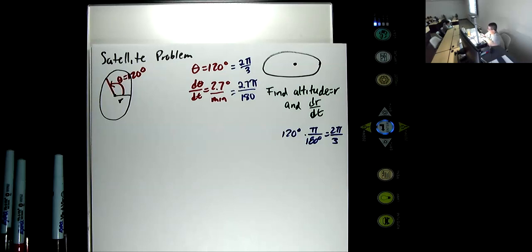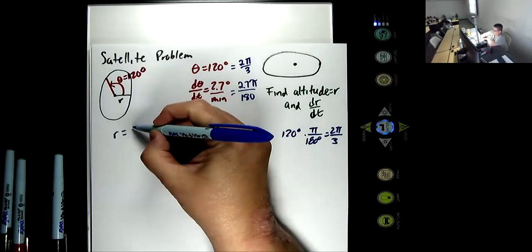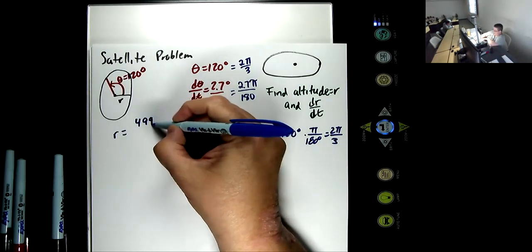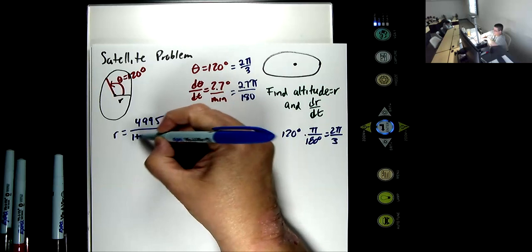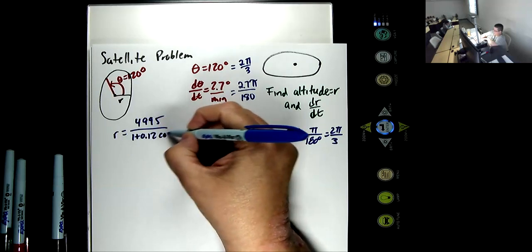So the first thing they wanted us to find was the altitude, which is R, and R was 4995 over 1 plus 0.12 cosine theta.